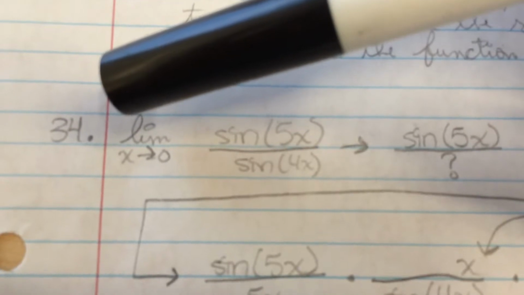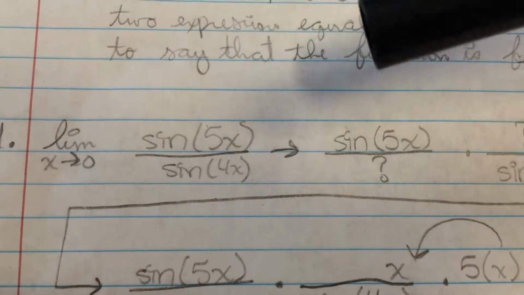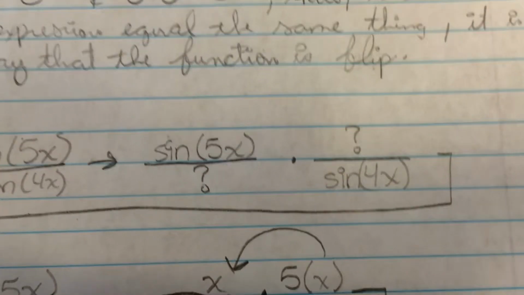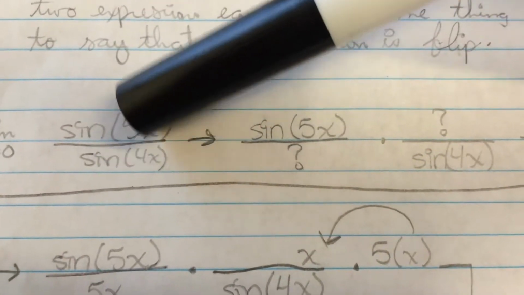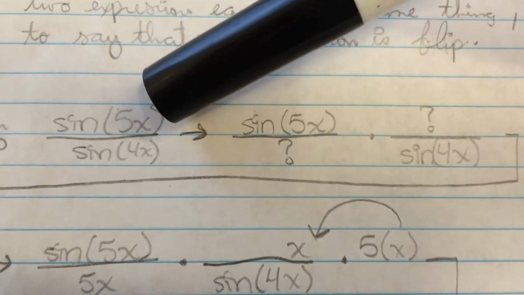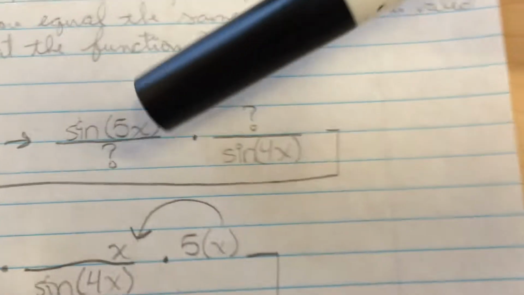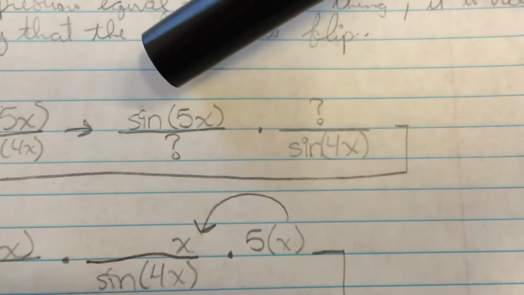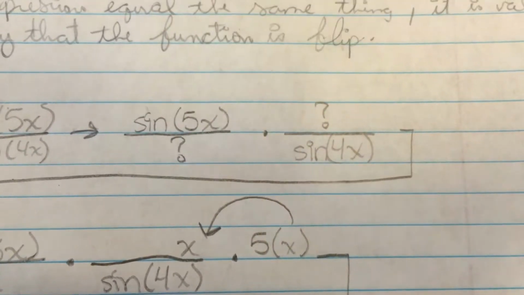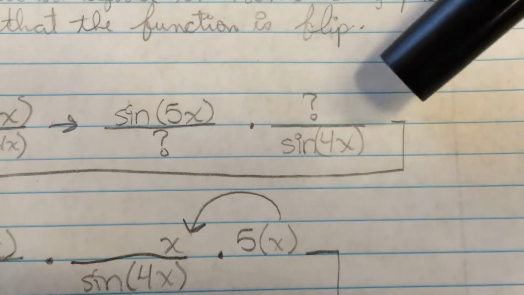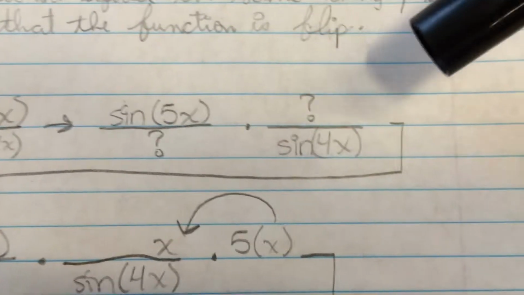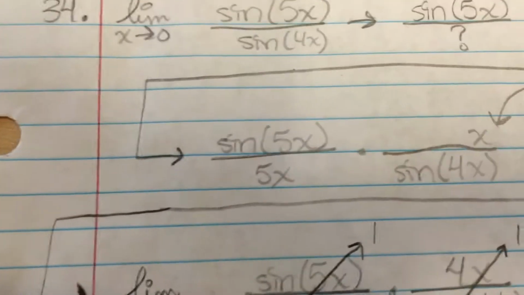The first problem says, what is the limit as x approaches 0 of sine of 5x over sine of 4x? So the first thing that we will want to do is separate this into two different expressions multiplied by each other: sine of 5x over some variable, times something over sine of 4x.